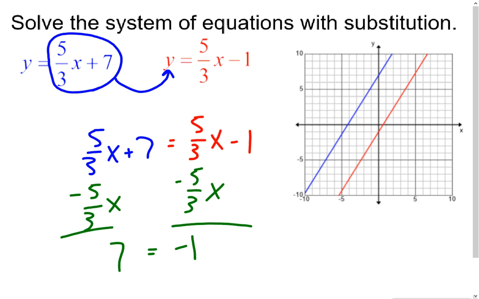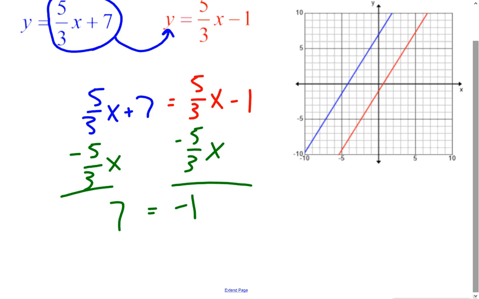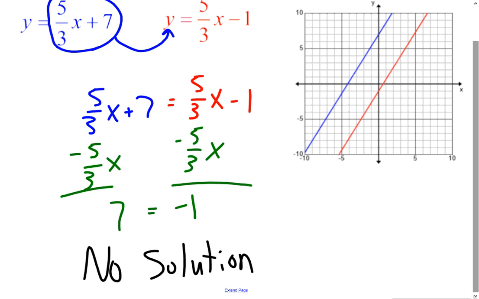Well, what does that tell me then? Well, that tells me that my lines were parallel, which you can see from the graph, because we've solved using graphing before. And remember, when we solve by graphing and the lines never intersect, that means there's no solution. There's not an x value and a y value that I can put into both of those equations that will make both of them true.